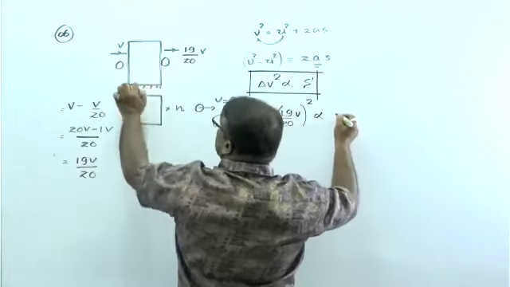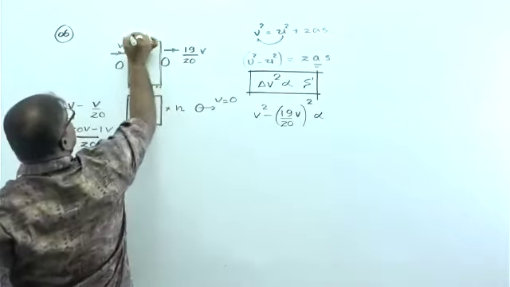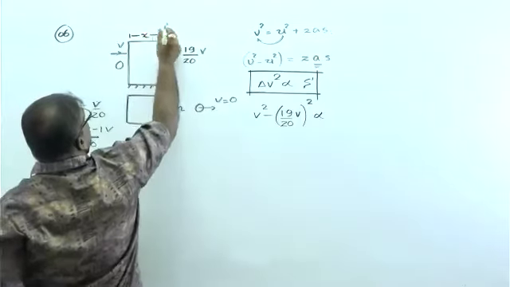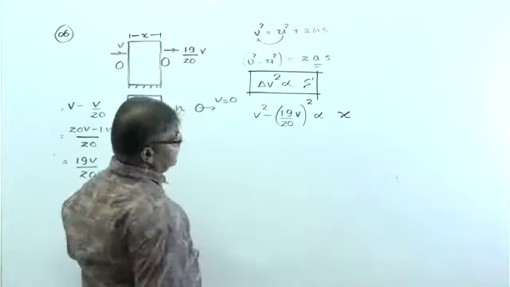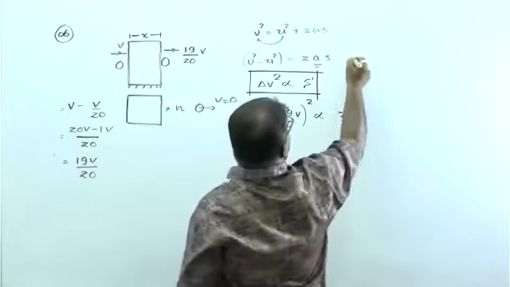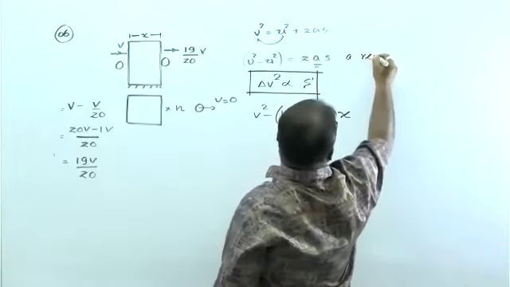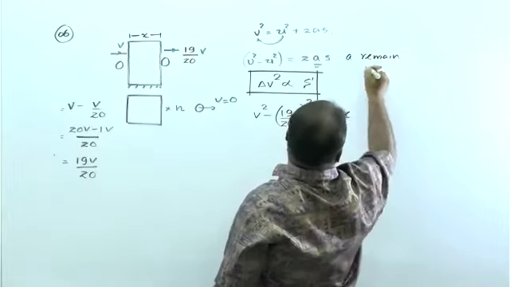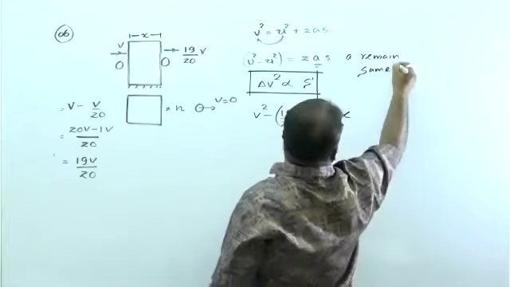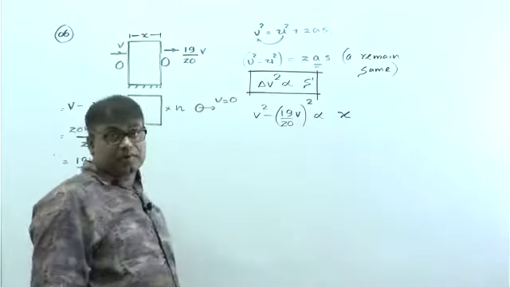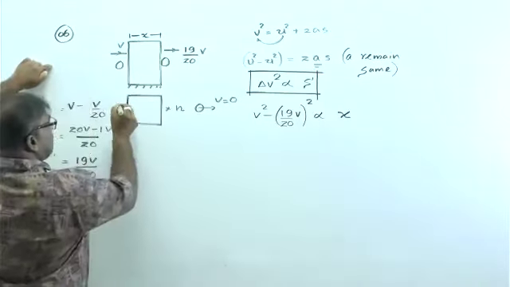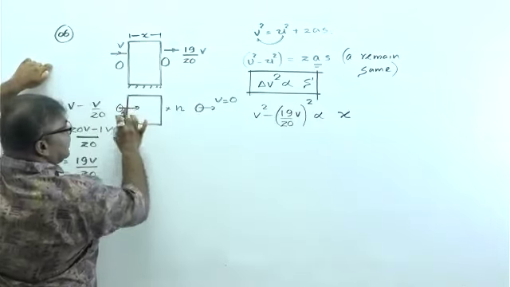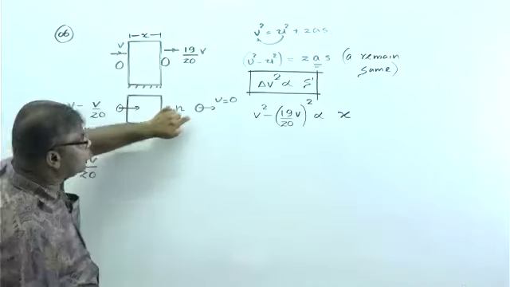s is, let the length of a plank be x. So it is x. Right? We got here a remains the same throughout the entire motion, that is an assumption, right? Okay. Then finally, if the bullet enters like this, finally it should have zero velocity.